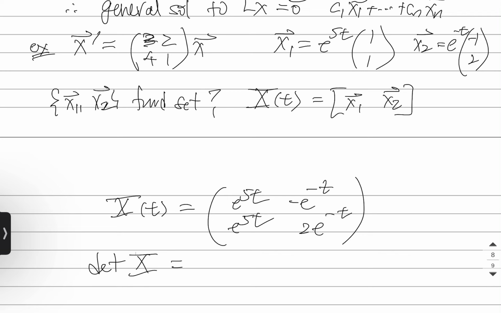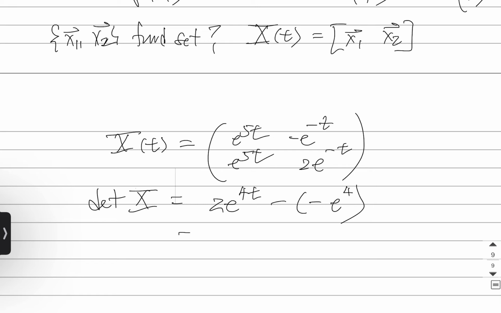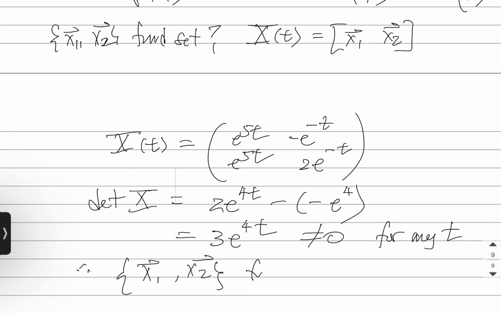We'll get 2 e to the 4t, subtract negative e to the 4t, which is 3 e to the 4t. This will never be 0 for any t. And that means then this x1, x2 is a fundamental solution set. It's a fundamental set.